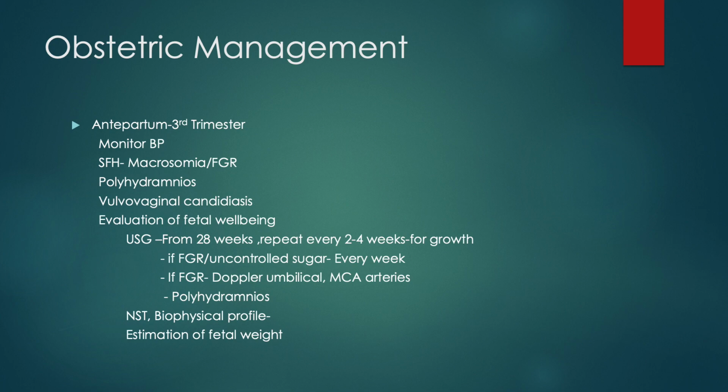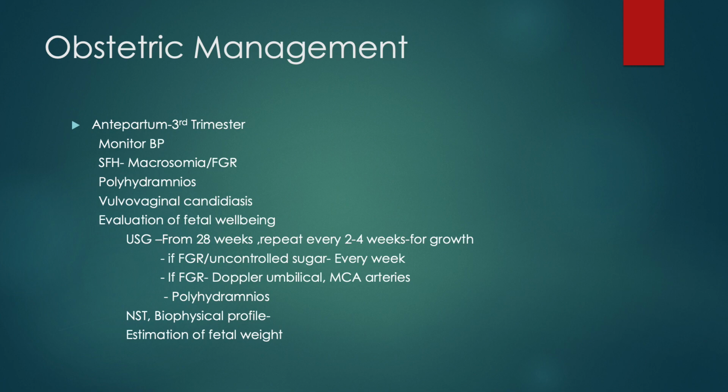Also, there is a chance of developing polyhydramnios, and inquire regarding the symptoms of vaginal discharge, because there is a high chance of developing vulvovaginal candidiasis. And the fetus should be evaluated for fetal well-being by USG from 28 weeks onwards, and it should be repeated every 2 to 4 weeks for growth.